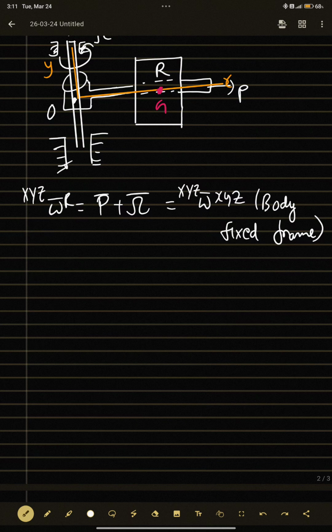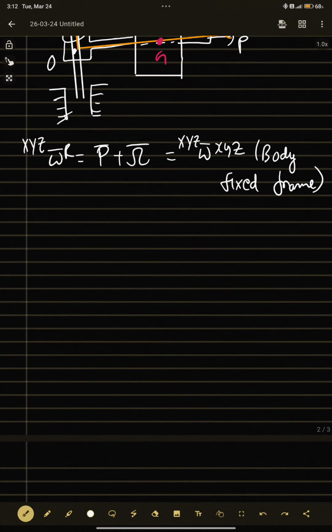There is a catch, however, if you write the angular momentum about a fixed point. Let's say we want to write angular momentum about this fixed point. So what can I write? H_O, and using the body fixed frame, of course you will write I about this.